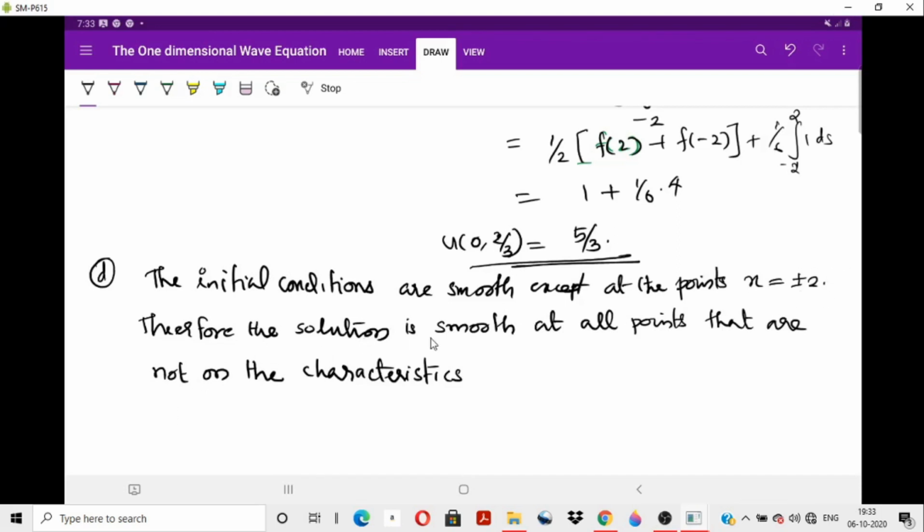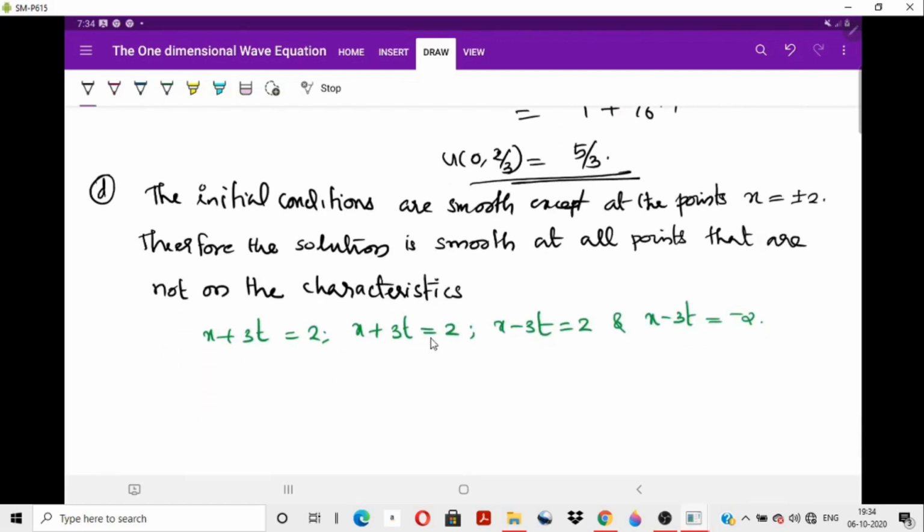Therefore, since the singularities of the solution are along the characteristic curves, the solution will be smooth at all points that are not on the characteristics x plus 3t equal to 2, x plus 3t equal to minus 2, x minus 3t equal to 2, and x minus 3t equal to minus 2.